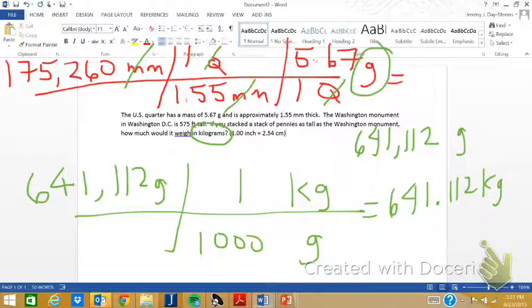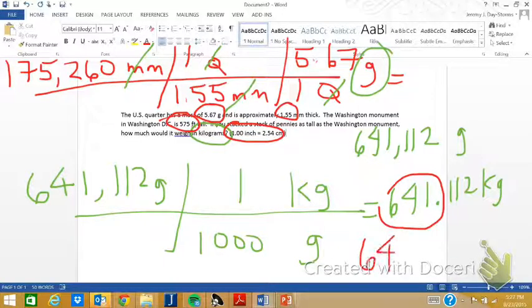If we go back into our original numbers, and we're only doing multiplication and division, 5.67 has 3, 1.55 has 3, 5.75 has 3, so we need to go to 3 significant figures, which will be 641 kilograms. So that stack of quarters would be 641 kilograms.